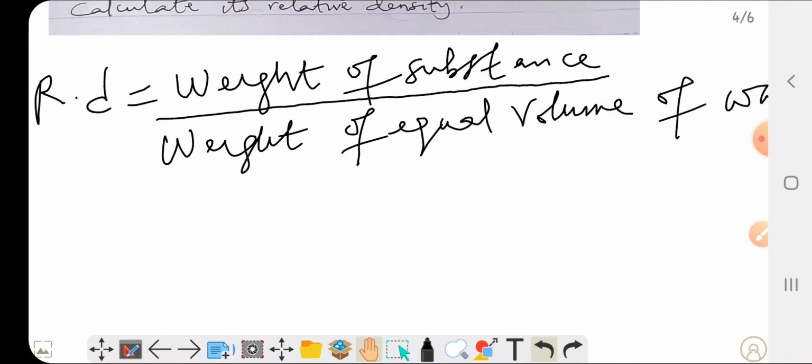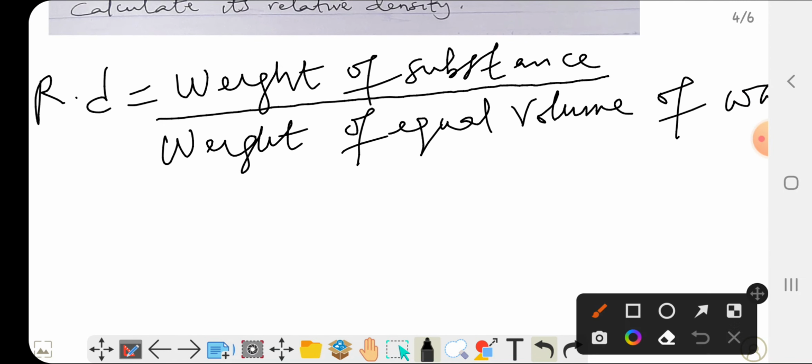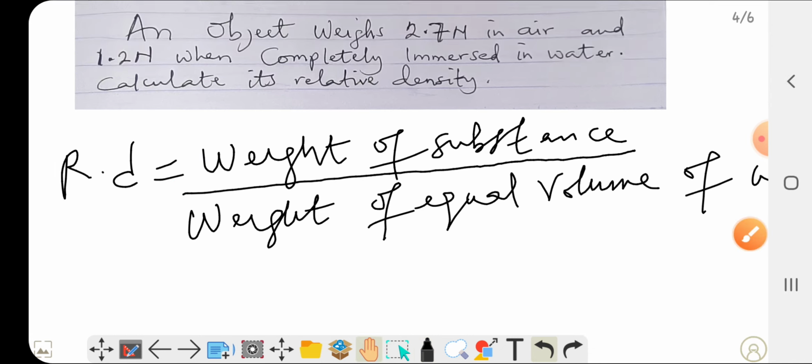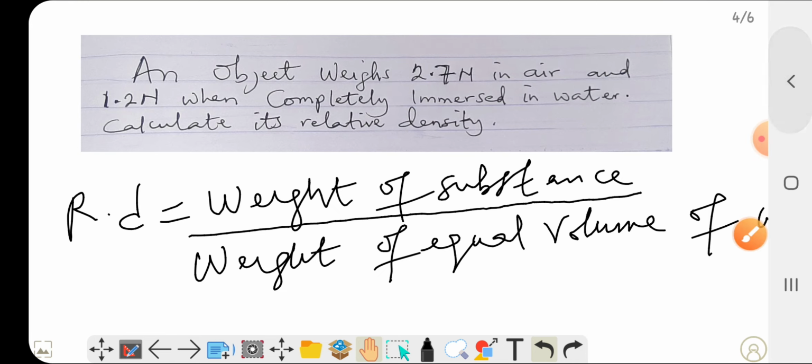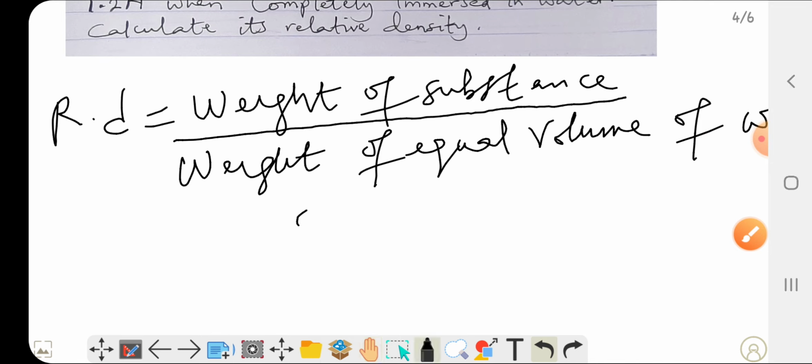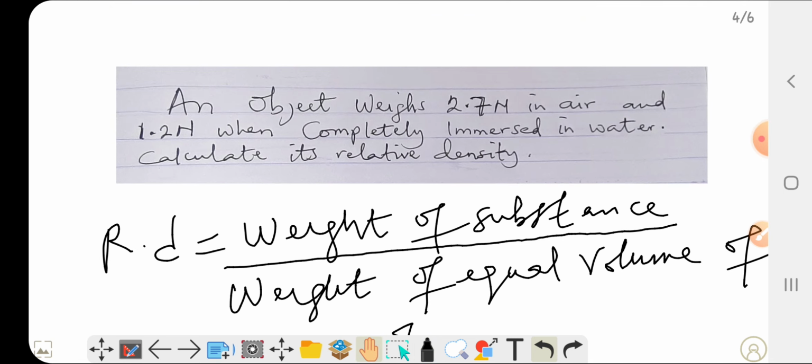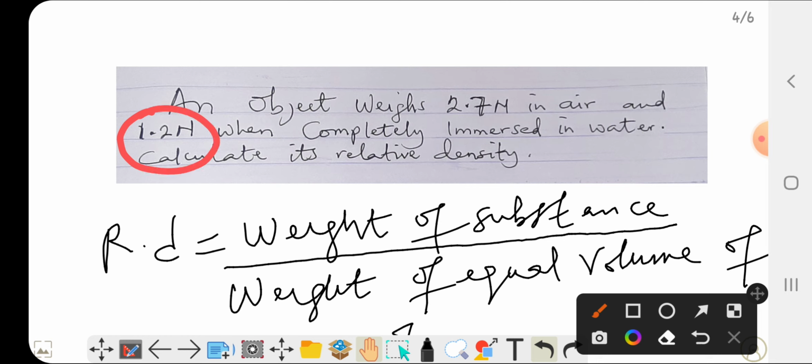So the weight of substance, of course, is in the question. This is the weight of substance, 2.7, so I'm writing that one out. So 2.7 divided by weight of equal volume of water. Going back to the question, it now weighed 1.2 Newton. So I will do the weight in air minus the weight in the liquid to get the weight of equal volume of water, or to get the upthrust, like I said before.